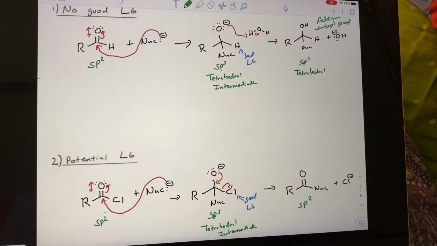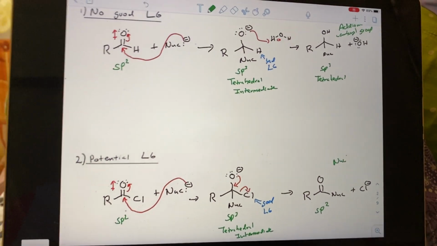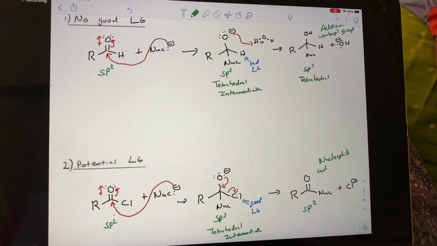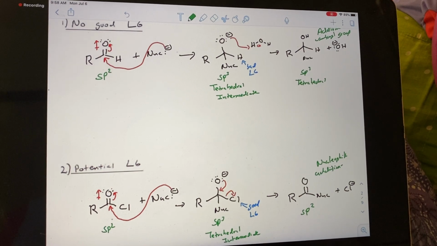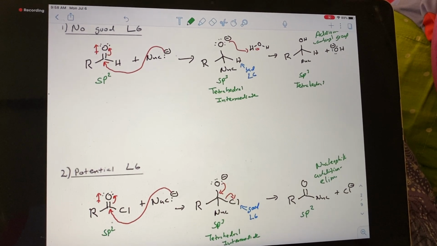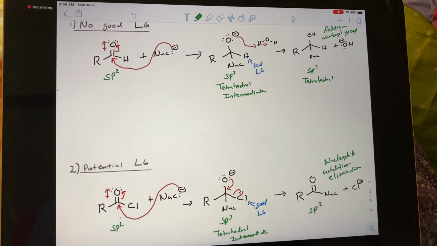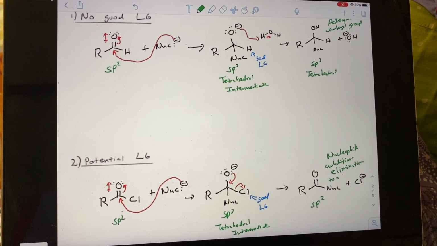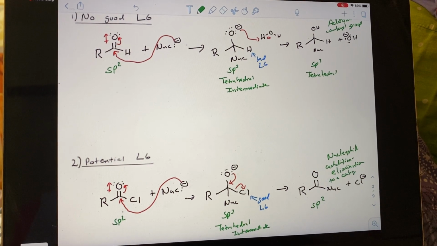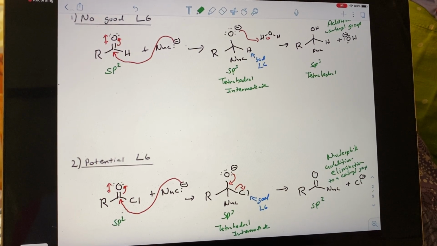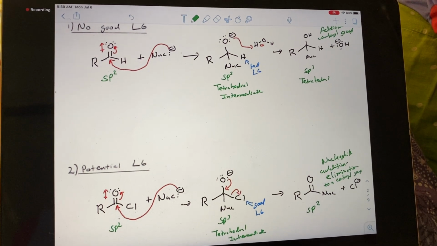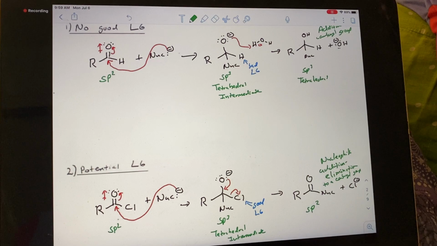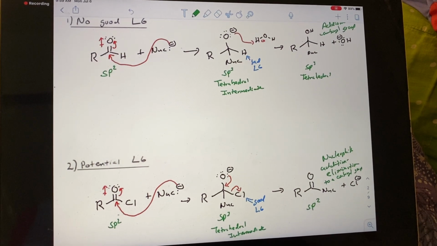So now this is nucleophilic addition-elimination to a carbonyl group, sometimes known as nucleophilic acyl substitution. I don't expect us to memorize those names, just so you're familiar with some of the language.